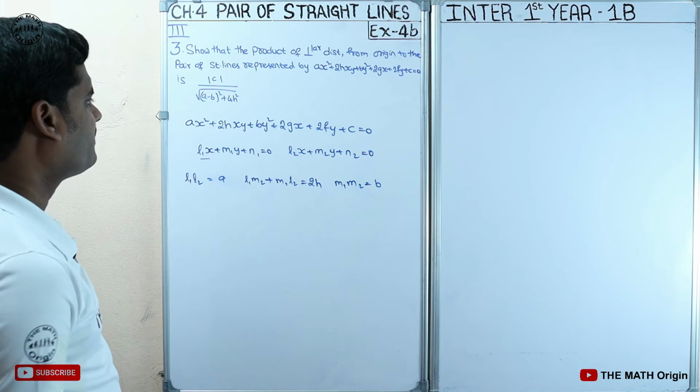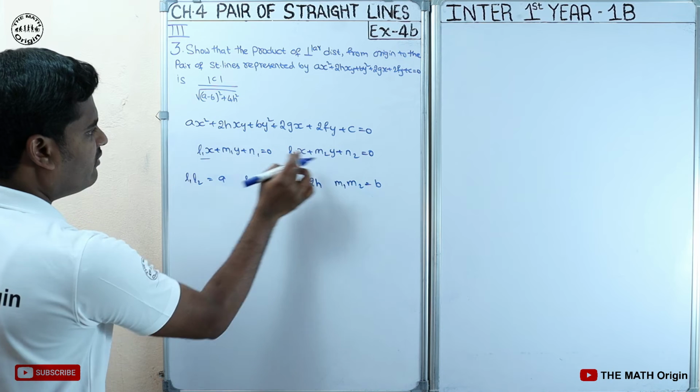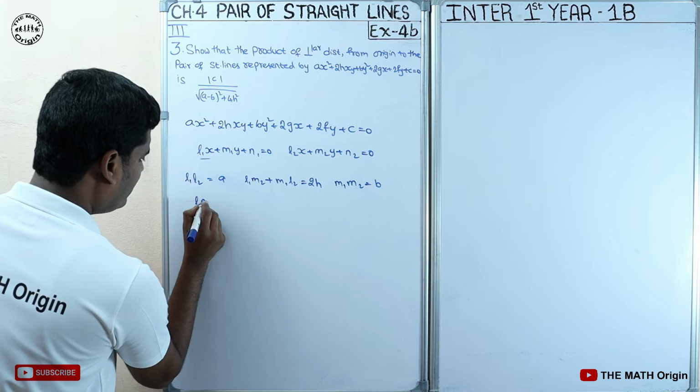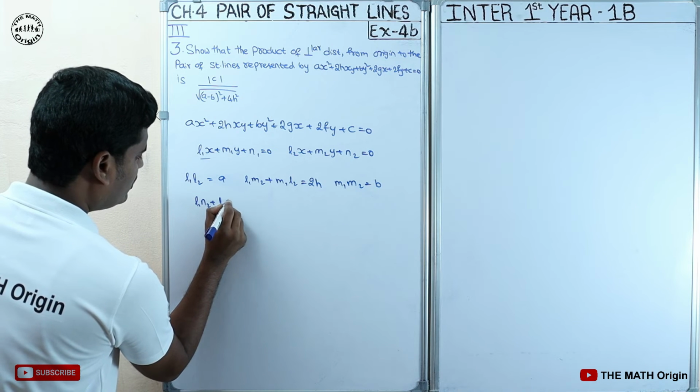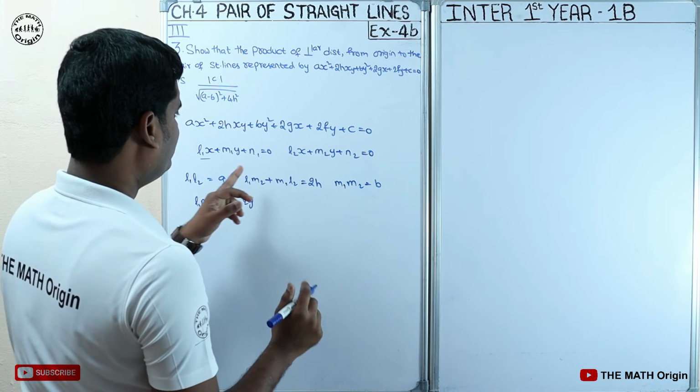Next 2g means x coordinate value is L1 N2 plus L2 N1 is equals to 2g, and in the same way 2f.